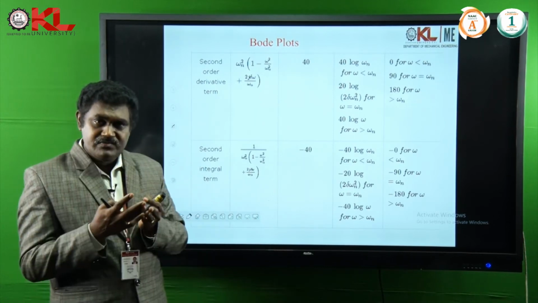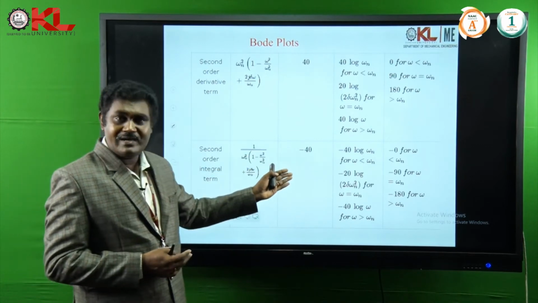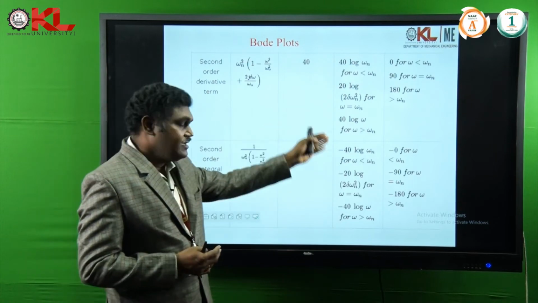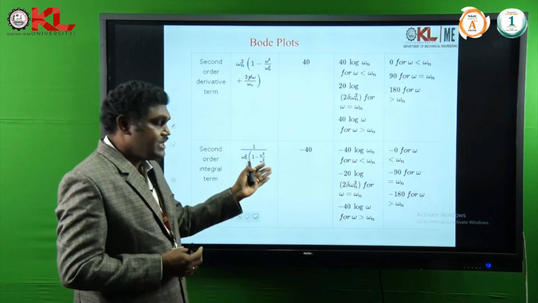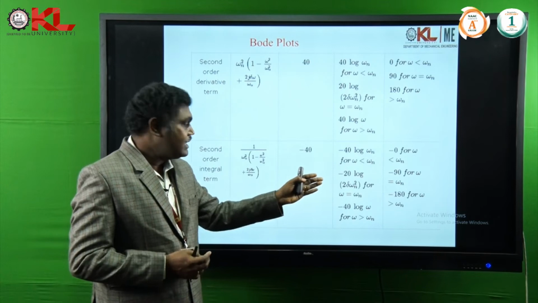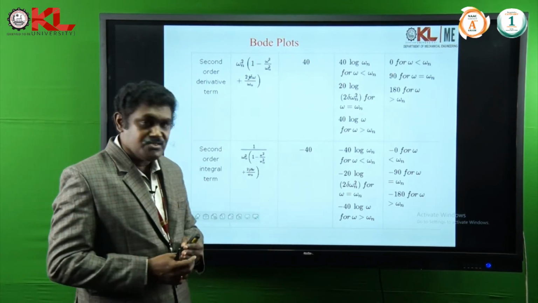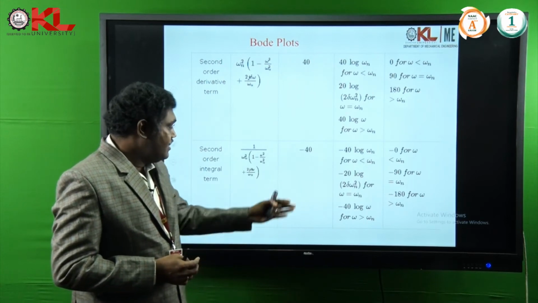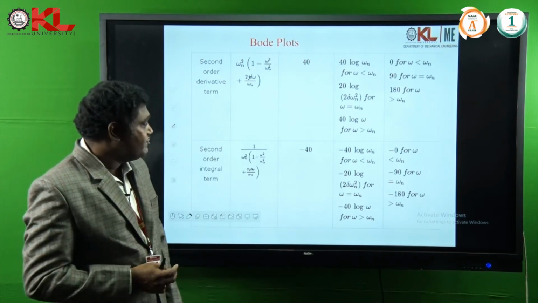And if the given transfer function is in integral form, then the slope is minus 40 decibels per decade, and the magnitude we calculate according to the omega value. If omega is less than omega n, the magnitude is minus 40 log omega n, and if omega is equal to omega n, the magnitude is minus 20 log 2 delta omega n square, and if it is greater than omega n, then the value is minus 40 log omega.